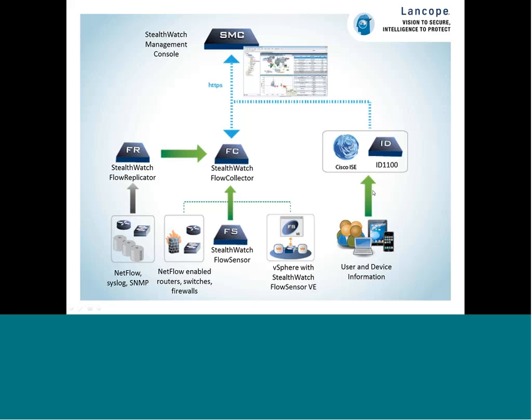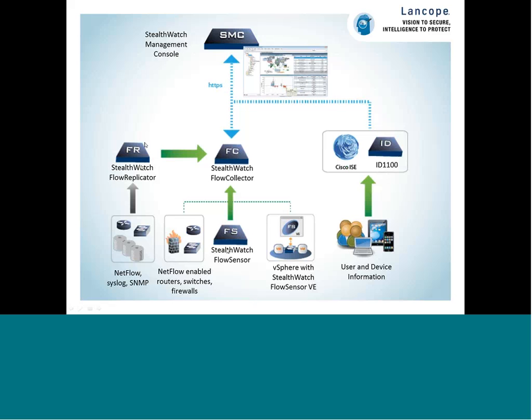We can also integrate in user information with identity solutions from Cisco, for example, here with ICE, or with this ID 1100 product. And this lets you integrate this solution with your identity environment and attribute flow data and alarms and alerting to individual users, so we can see who was involved in particular flows at particular times.